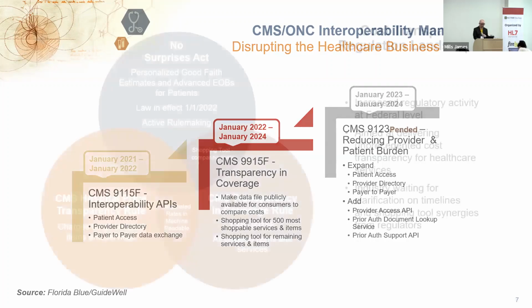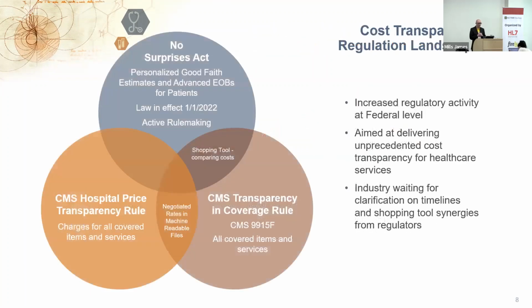But really, in order to do this cost transparency, we have this No Surprises Act, so we have the good faith estimate, advanced EOBs. We had some of the components going into effect in January this year, and then some were kind of held. But really, folks are looking at January 2023, but we're still waiting for the rules around that.